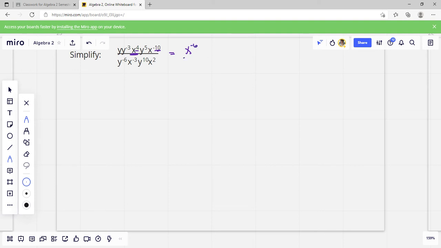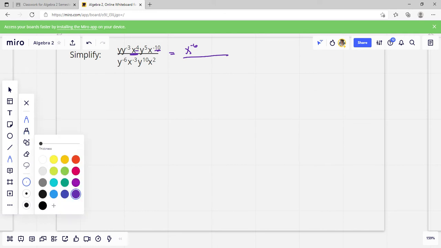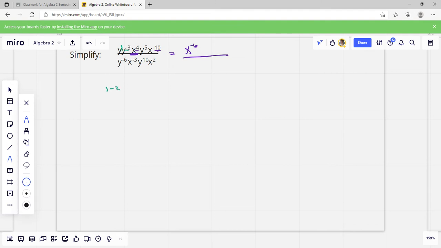Alright, and then our y's, this would be 1, negative 3, and 5. So positive 5. 1, and 5 would be 6. 6 minus 3 is 3, so that would be y to the third.